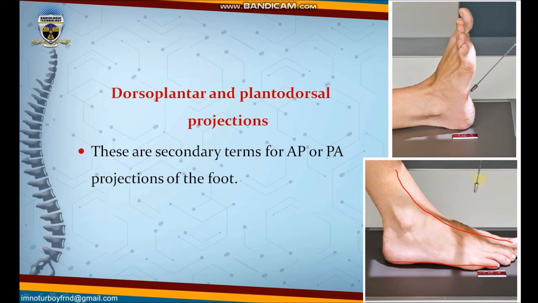So if it enters at the dorsum and exits at the plantar, that is the dorsoplantar projection. If it enters at the plantar and exits at the dorsal surface of the foot, that is the plantodorsal projection.